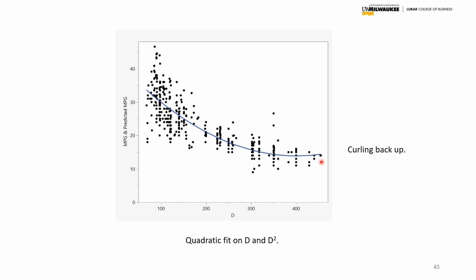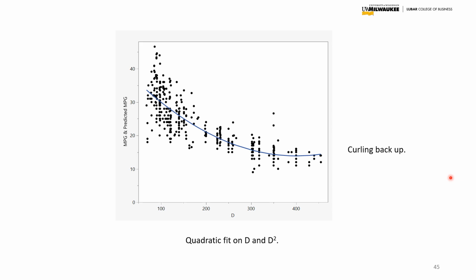You can see that the fitted model is starting to curl up, and that doesn't make sense to this scatter plot, that eventually miles per gallon will start increasing. The curling up is not a shock to us because a quadratic, after all, is a parabola, and it eventually will start curling back up. Remember the math review discussion where we showed you general quadratic functions.